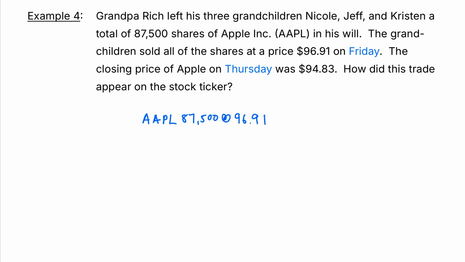Okay, and compared to Thursday's closing, it would be up. Okay, and now we have to determine the difference in price. So 96.91 minus 94.83 works out to $2.08. So it's going to be up $2.08.